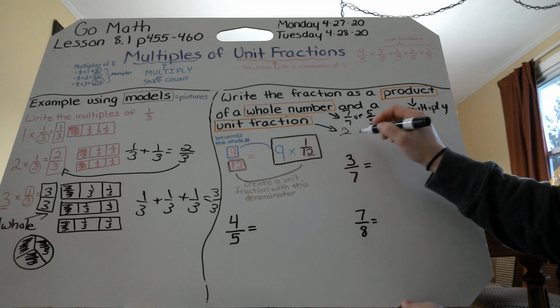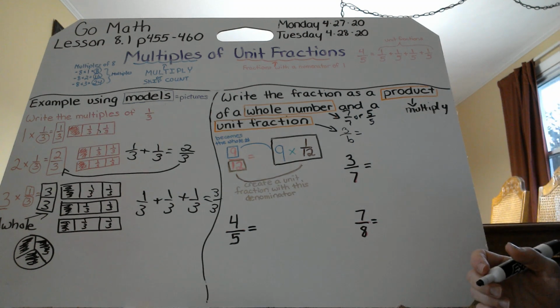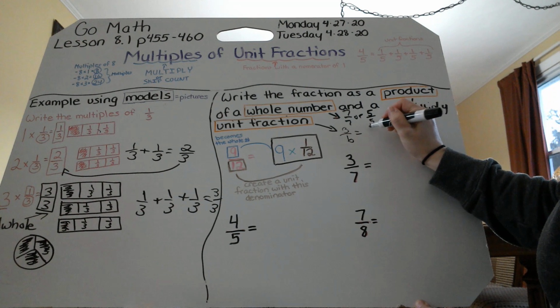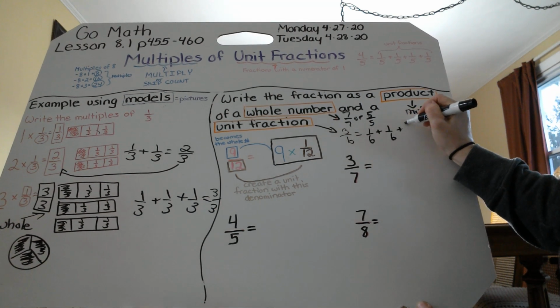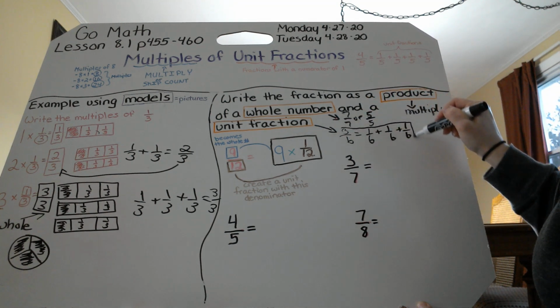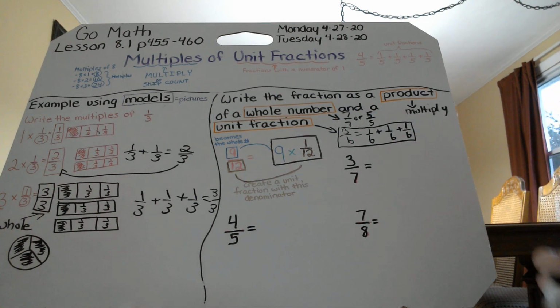So if I have this fraction, 3/6, and I want to break that down into unit fractions, I'm going to take 3/6 and I'm going to say 1/6 plus 1/6 plus 1/6. That is 3/6 written in unit fractions. Remember doing that?